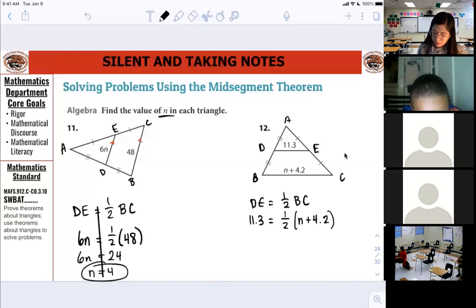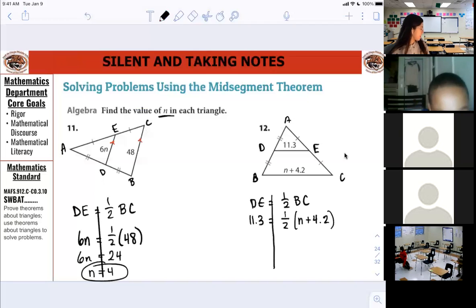However, this one's going to be a little more challenging because we've got that fraction. So see if you can figure it out. Take a few minutes. This is algebra practice. Let's see who can get it first. Yes, you can turn it into a decimal.